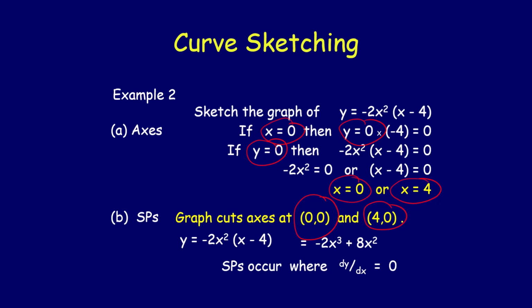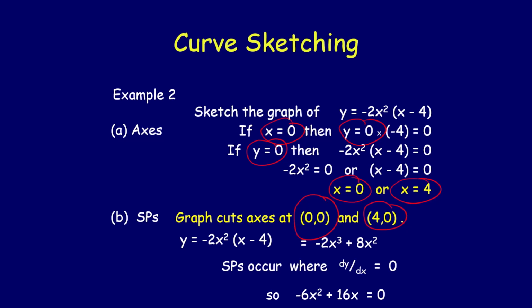You can start by opening the brackets and you get negative 2x cubed plus 8x squared. Then when you differentiate that with respect to x, you get dy/dx to be negative 6x squared plus 16x.